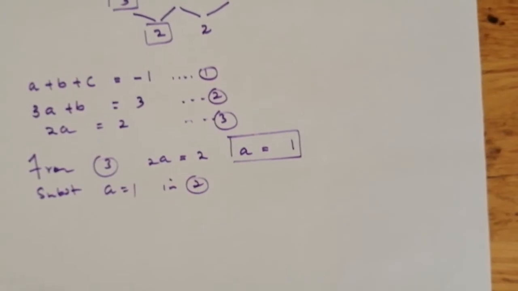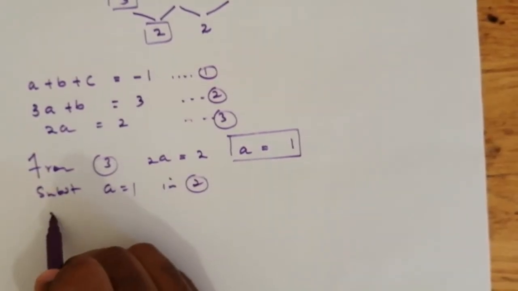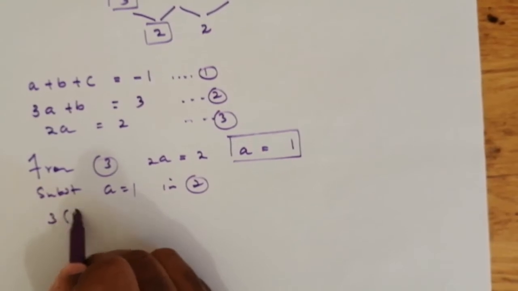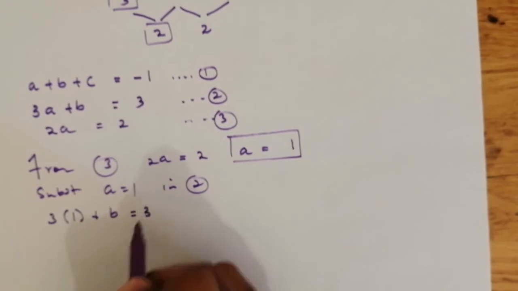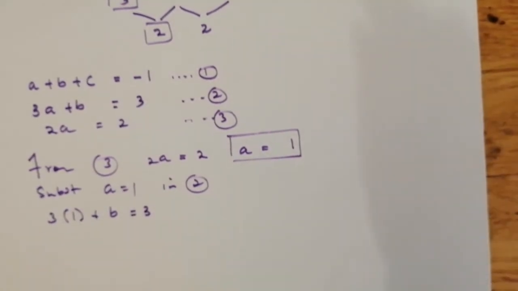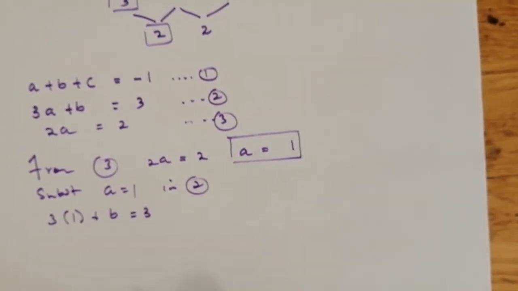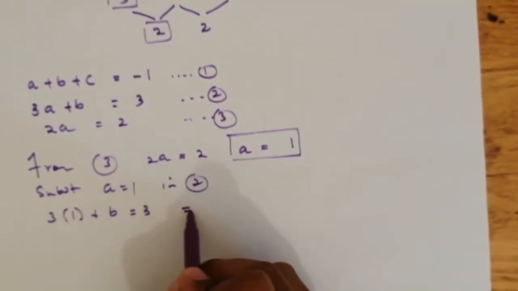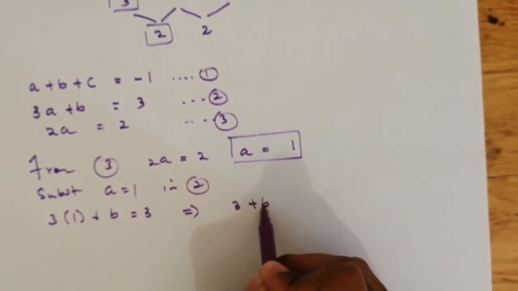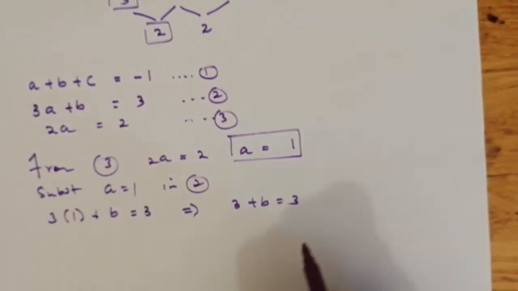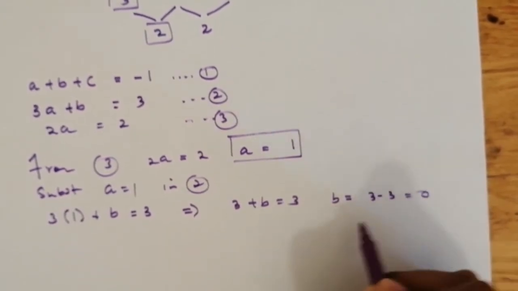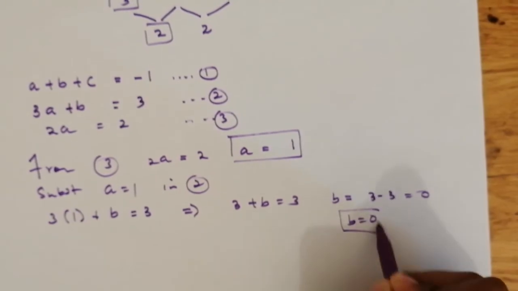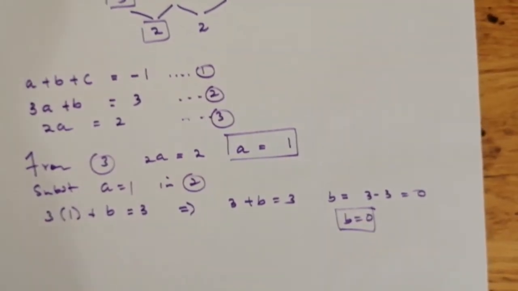So it's going to be 3 times 1 plus B, which equals 3. So basically, 3 plus B equals 3. So B equals 3 minus 3, which is 0. Hence, B is 0.